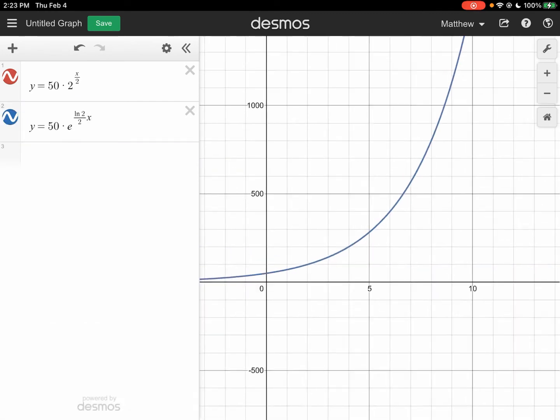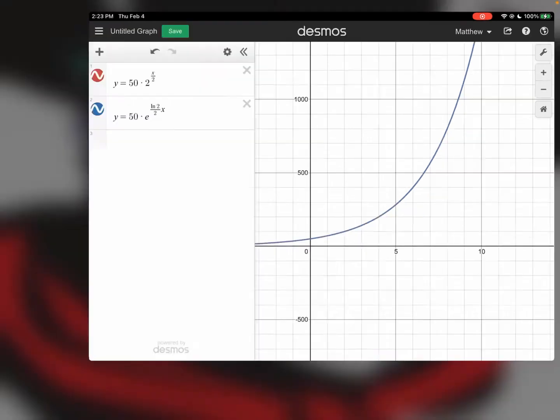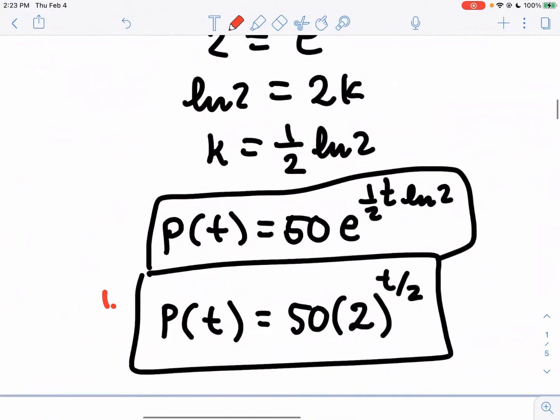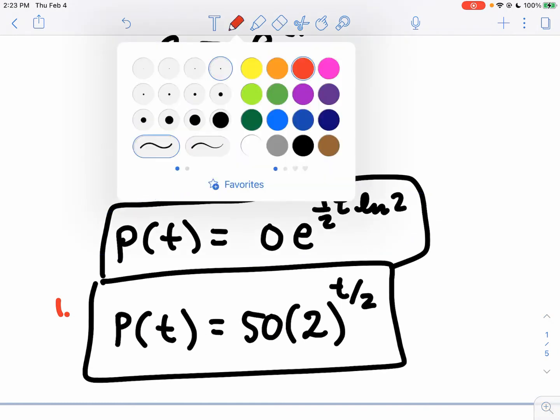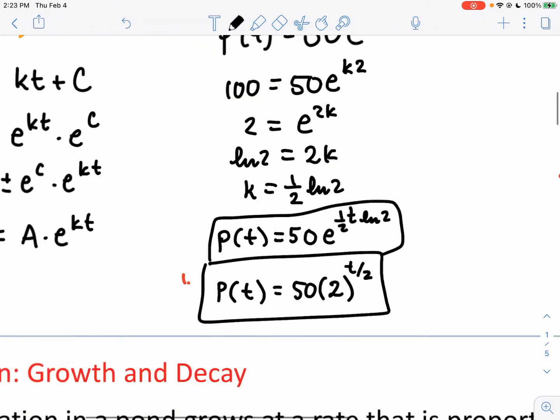There we go. So you can see the other form that didn't get simplified, and that form I'm referring to is the first boxed one that we have right here. So plugging that one in, and it's the same graph as just doing 50 times 2 to the t halves.